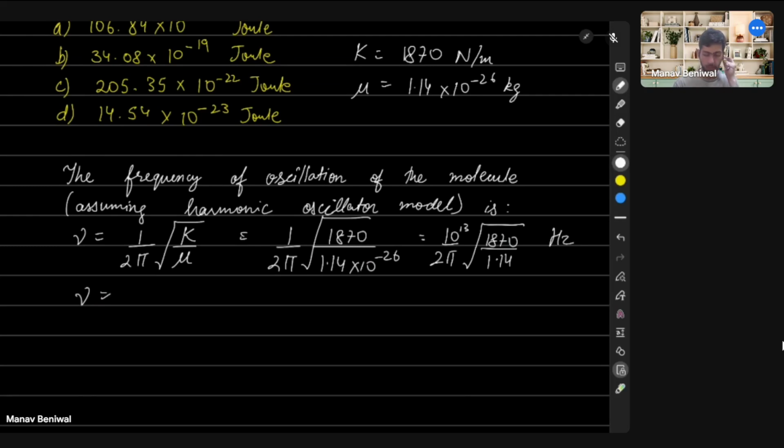So this comes out to be 10 to the 13 into this, which comes out to be 40.5 roughly, and then divide by 2 pi. So let's do that. Divide this by 2.